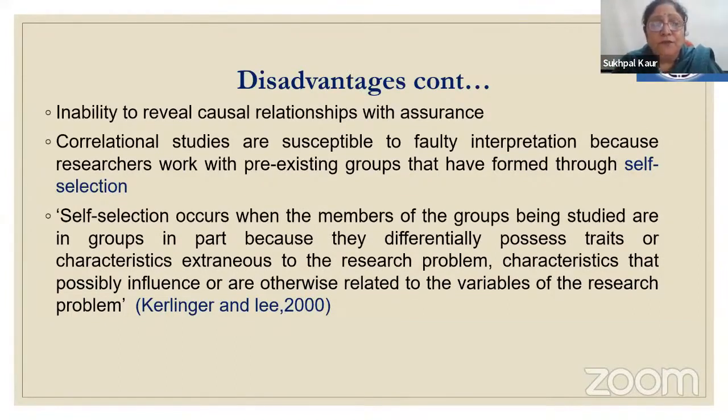Self-selection, as defined by Kerlinger et al., occurs when the members of the group being studied are in a group in part because they differentially possess traits or characteristics extraneous to the research problem, characteristics that possibly influence or are otherwise related to the variables of the research problem. So self-selection, especially in case controls, is very important.